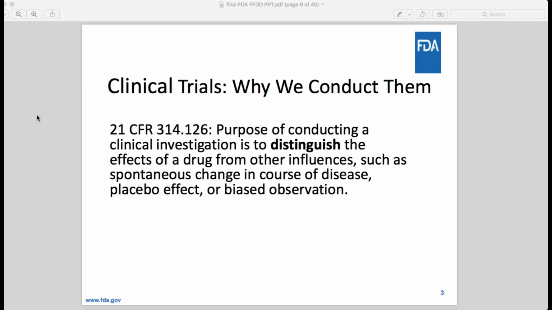Or some investigators who are observing patients with a disease may make biased observations if they know that all patients under observation are taking the drug of interest. So we need a way to find out what the drug actually does by distinguishing its effects from these influences.